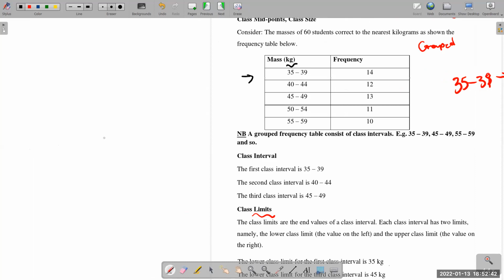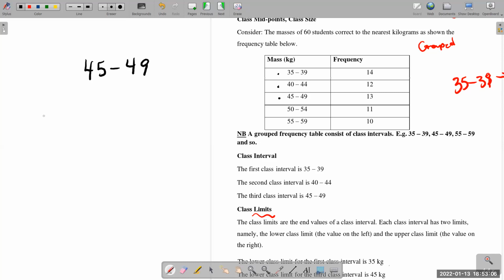Which interval is that? What numbers? Excellent job, everybody. That would be 45 to 49, because obviously we know 1, 2, 3, this is the third class interval.